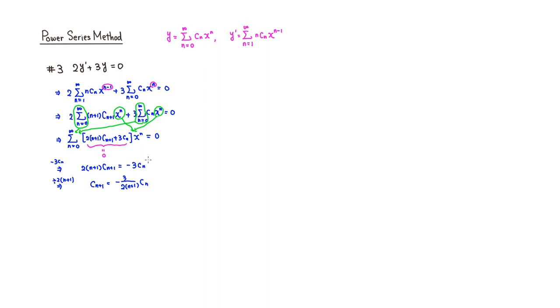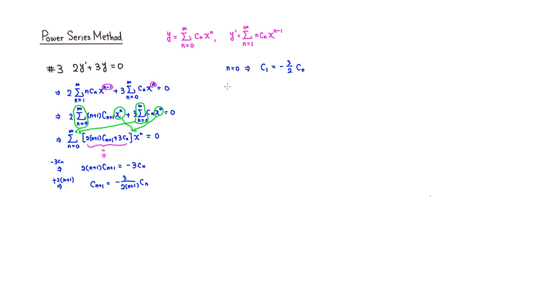Let's try to find out what they are. Let's try n equals 0. When n equals 0, c_1 is equal to negative 3 over 2 times c_0.